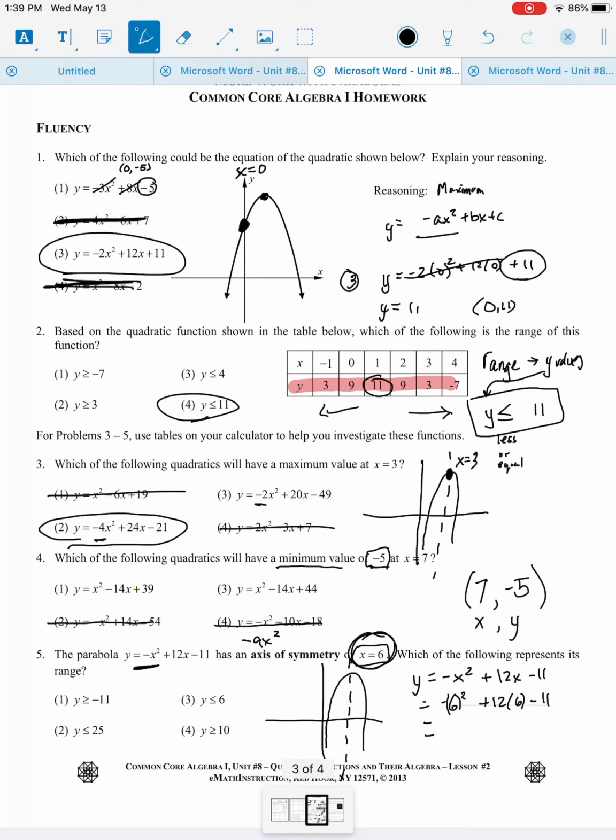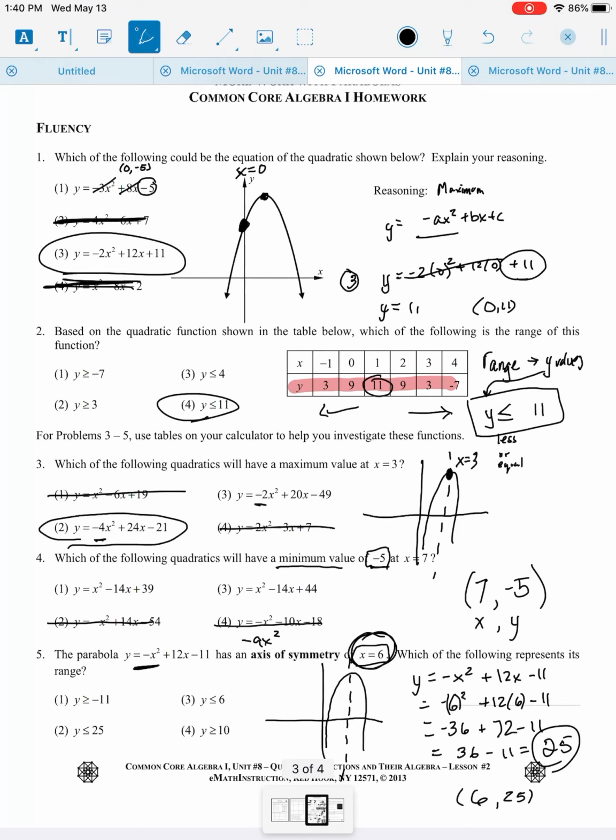And 6 squared is 36. So then apply your negative sign to give me negative 36. Plus 12 times 6 is 72. Minus 11. Negative 36 plus 72 is 36. Minus 11 equals 25. Now that means that my maximum occurs at that point 6, 25.